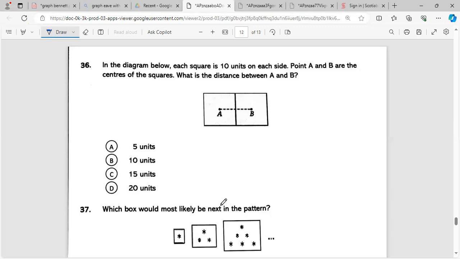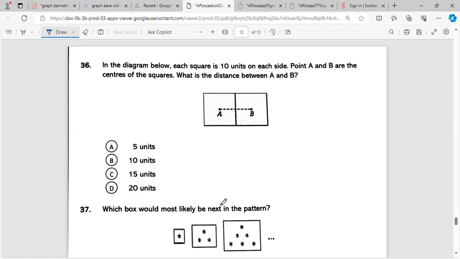Sir, when it means the distance between A and B, does it mean what is A? What is the distance? It literally means what it means. Sir, I think it's B. A, 5 units. Sir, B as in boy.